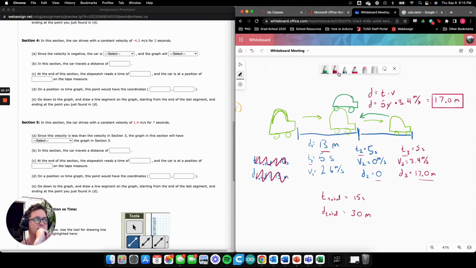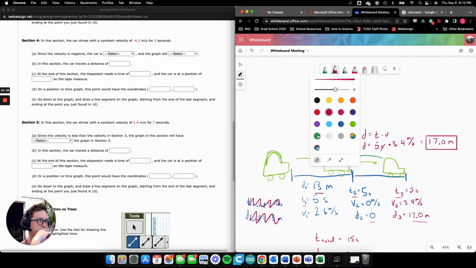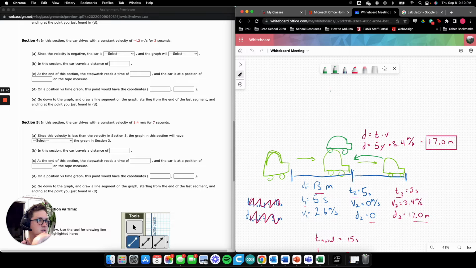Whoa. Okay, write this in green as well to designate that as new. For this segment, which is segment 4, we travel for a time of 2 seconds, and we travel with a velocity in segment 4 of negative 4.2 meters per second.